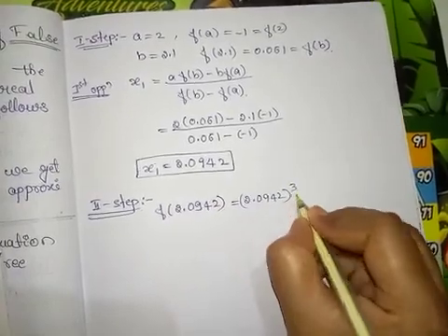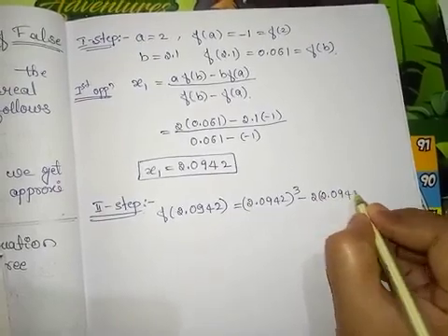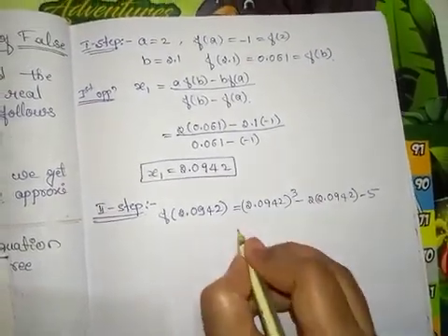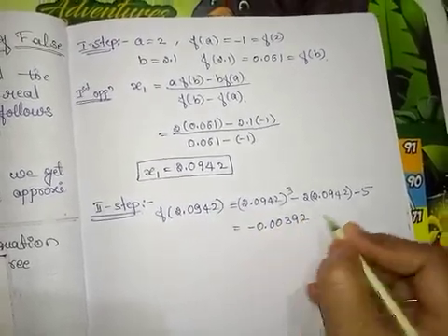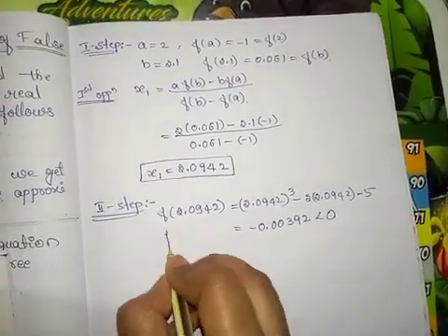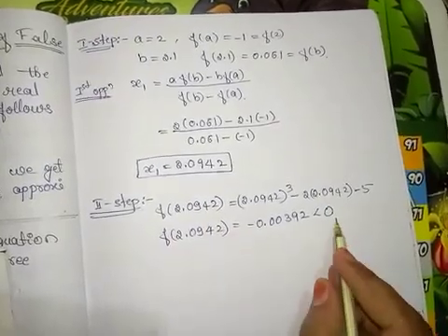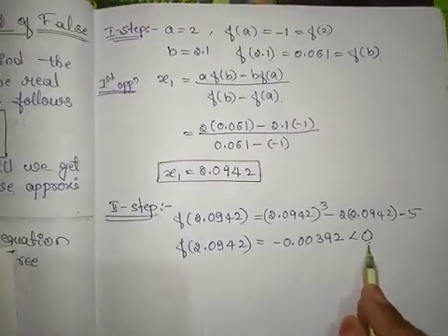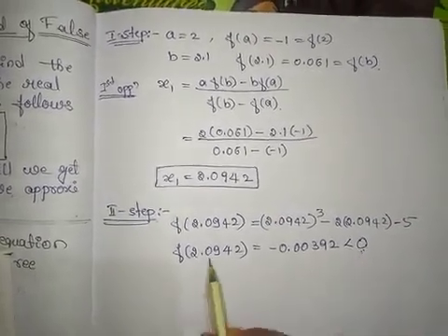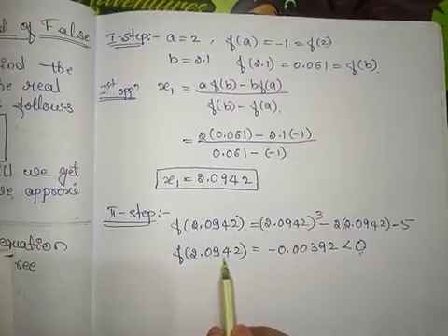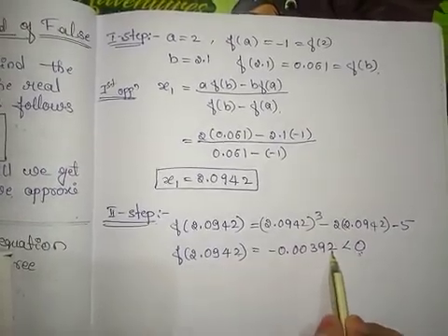2.0942 whole cube minus 2 into 2.0942 minus 5. Calculate this and we get minus 0.00392, which is less than 0 because we have a negative value here. Less than 0 means this is the value of f of a, where a is 2.0942 and f of a is minus 0.00392.